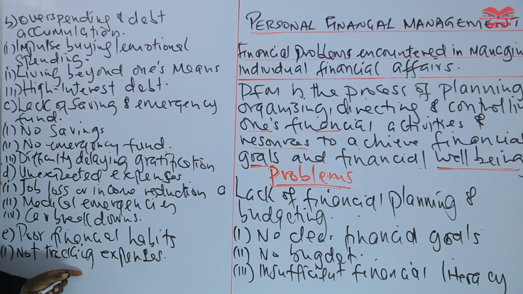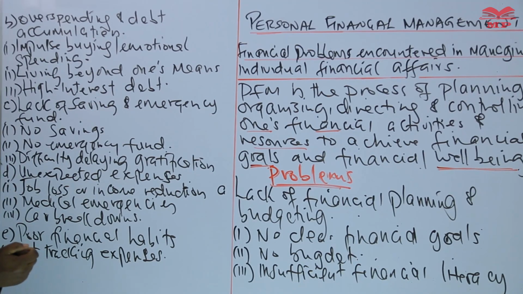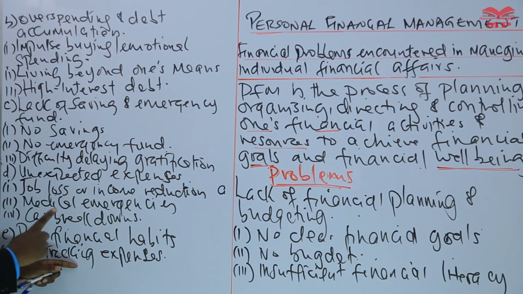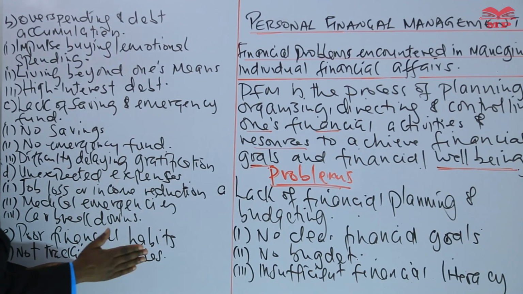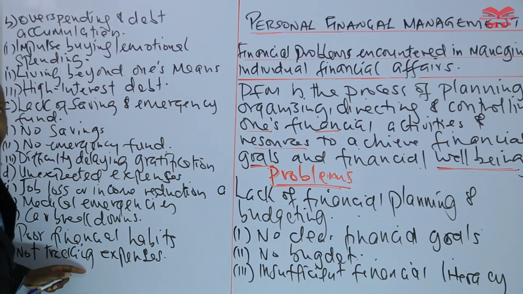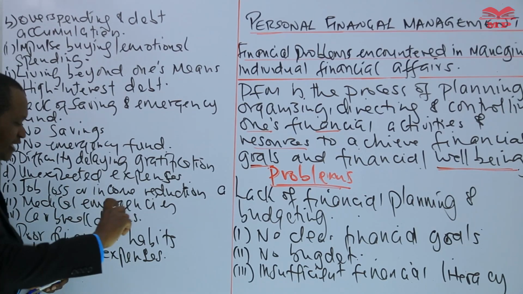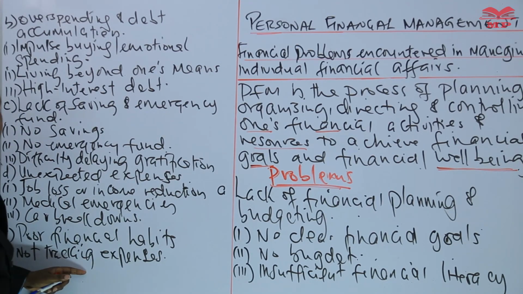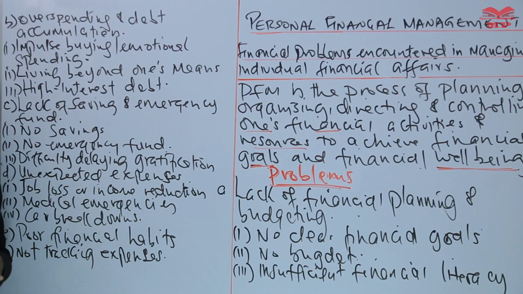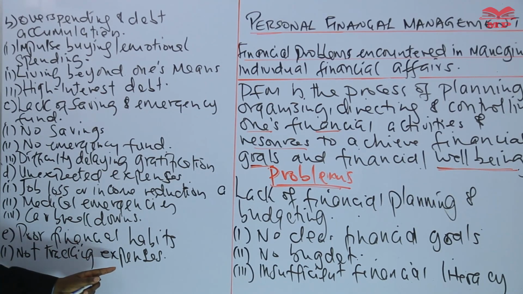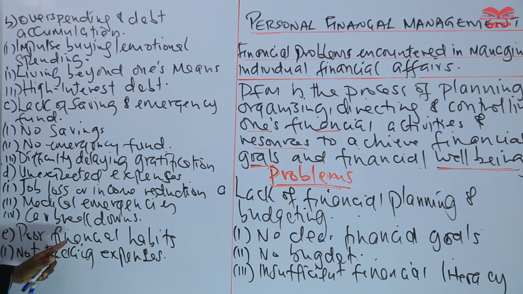Not keeping track of one's spending makes it difficult to identify areas where one can cut back. It's important to know what percentage of your income goes to, say, airtime, what percentage goes to food, what percentage goes to entertainment, and so on. Tracking expenses so that when it's necessary to cut back, one is able to know which expenses to cut back. So not tracking expenses is a poor financial habit.